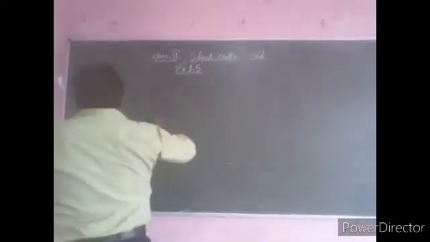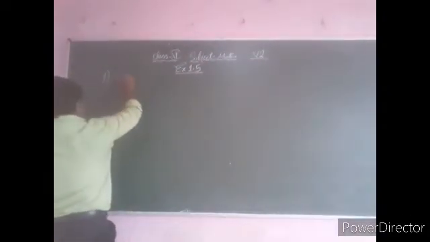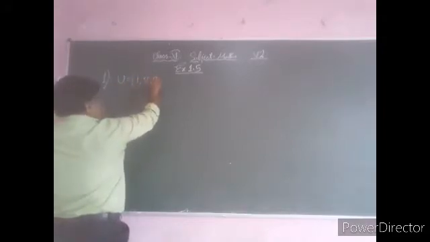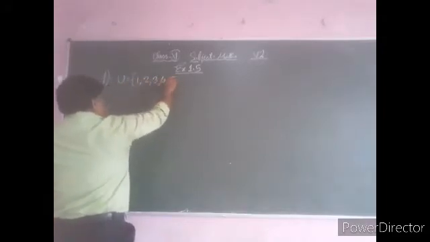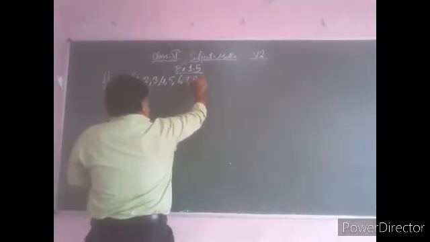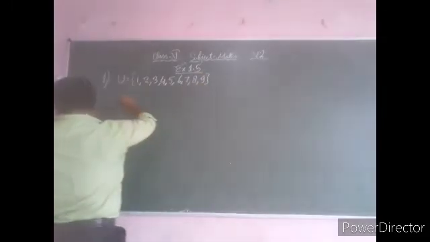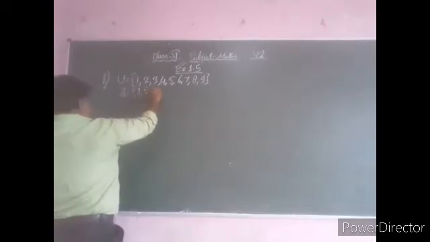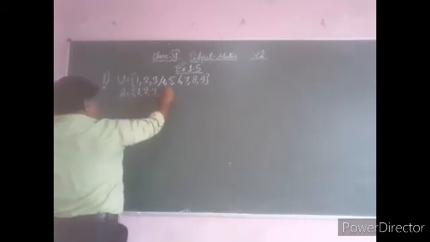Let U be equal to {1, 2, 3, 4, 5, 6, 7, 8, 9}. A is equal to {1, 2, 3, 4}.